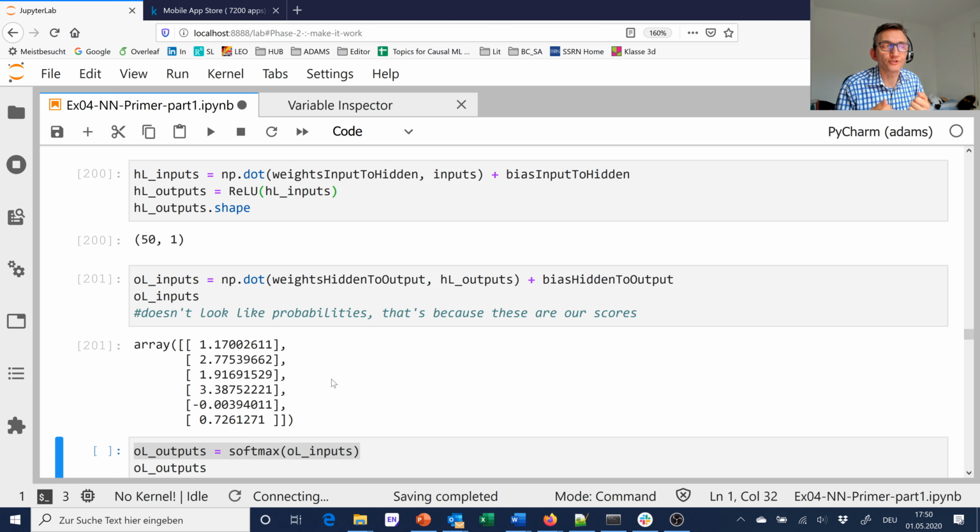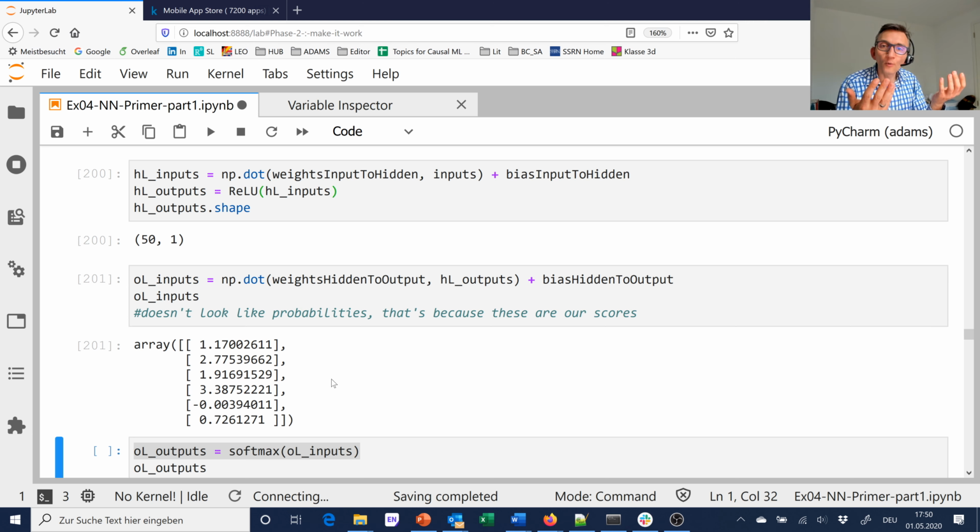If you keep this picture of a neuron as a computational unit that has a left part and a right part, where you have the input, which is basically previous layer outputs times weight plus bias, and where you then apply some function in order to translate the input activation and get an output activation, then this concept also applies to the output layer, where we could put our output layer inputs.